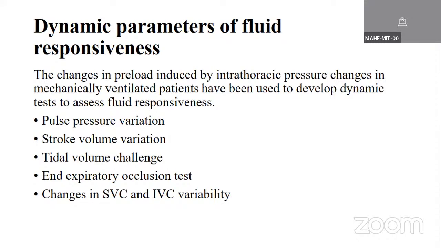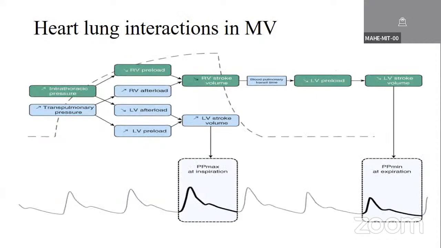The following parameters are there, like many measurements we can do to assess the dynamic parameters, like pulse pressure variation, stroke volume variation, tidal volume challenge test, and end-expiratory occlusion test. All of this requires the principle of heart-lung interaction.